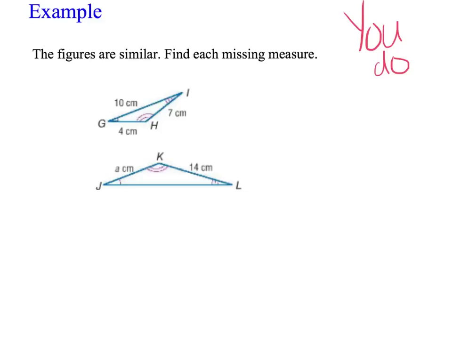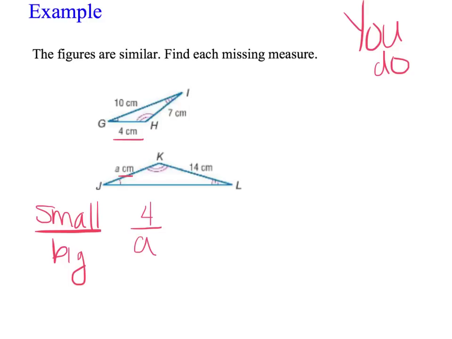This one is a little tough because the triangle is flipped upside down. So you want to make sure that whatever you're comparing are the corresponding sides. Okay, they have to have that same side. Alright, so we're going to compare small to big. And I'm going to set up this 4 to this A. Now why did I do that?